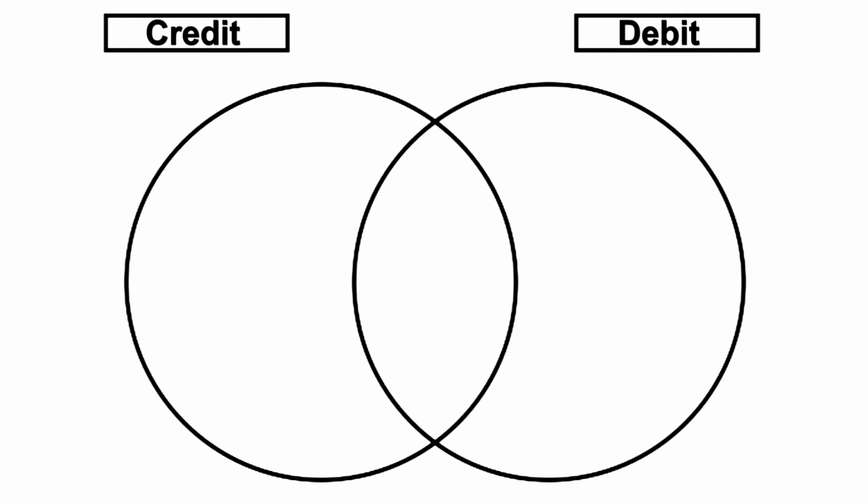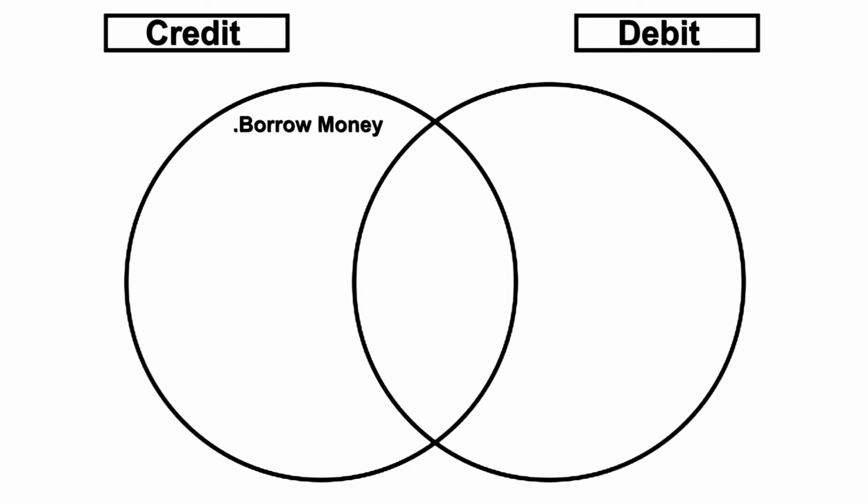So here's the first question. Which card allows you to borrow money and pay it back later? Is it a debit card or a credit card? That's right. A credit card is money borrowed and repaid at a later date.